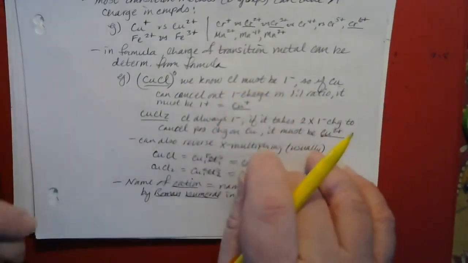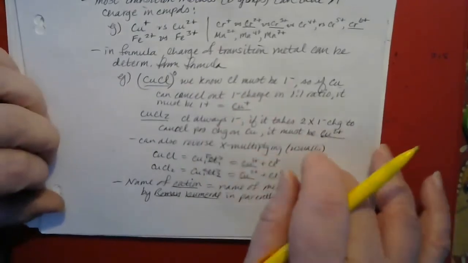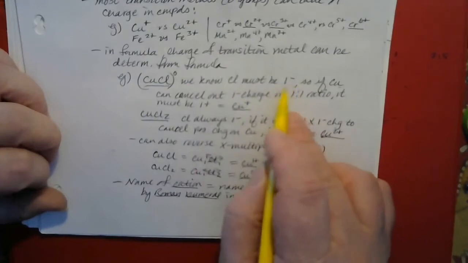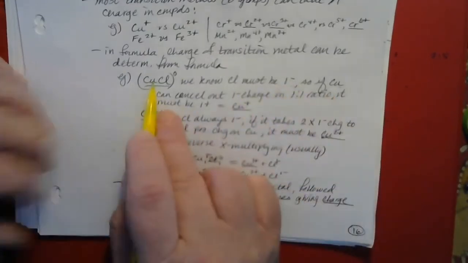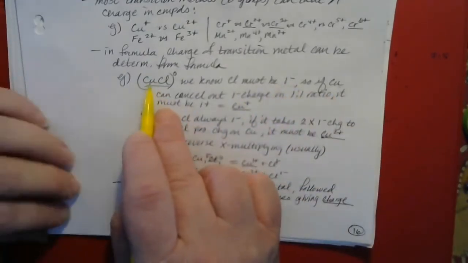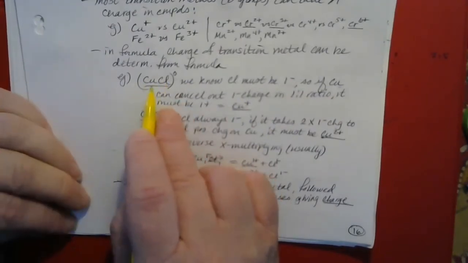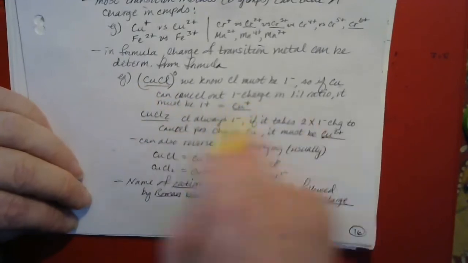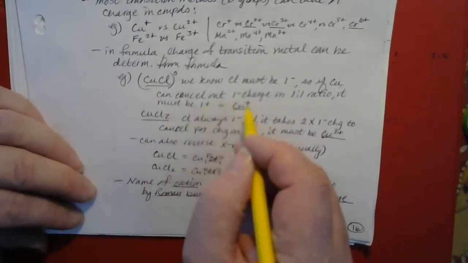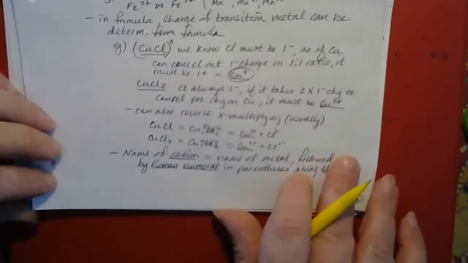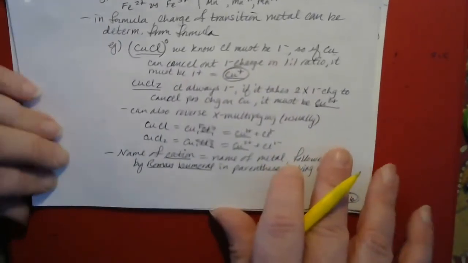They're nonmetals, so their charge must be 7 - 8, which is -1. So chloride ions always have a charge of -1. And if it takes only 1 copper ion to cancel out that -1 charge on the chlorine, then the copper must be +1. Okay, so what we've got here in CuCl is copper +1.